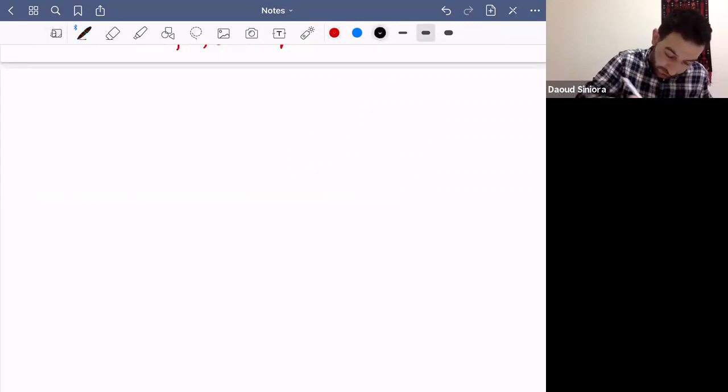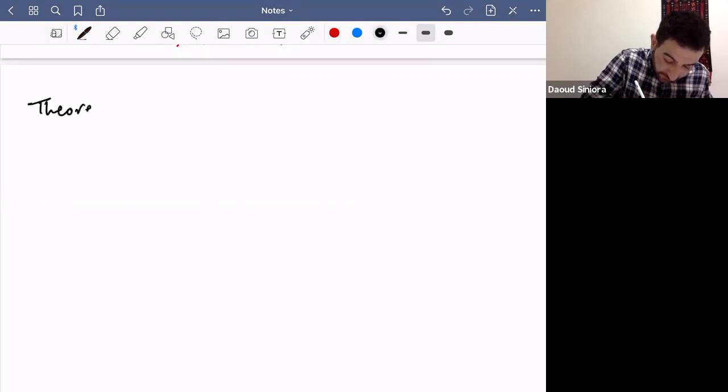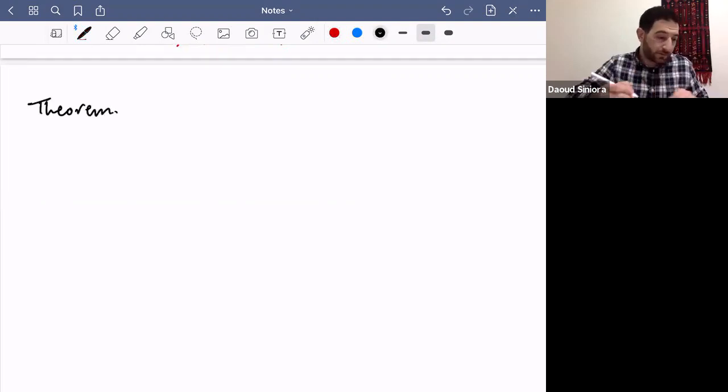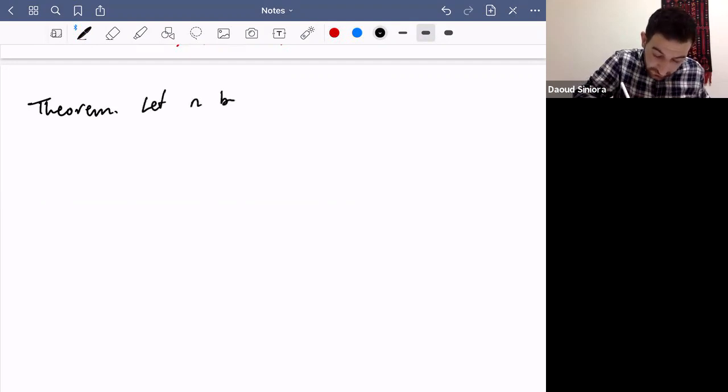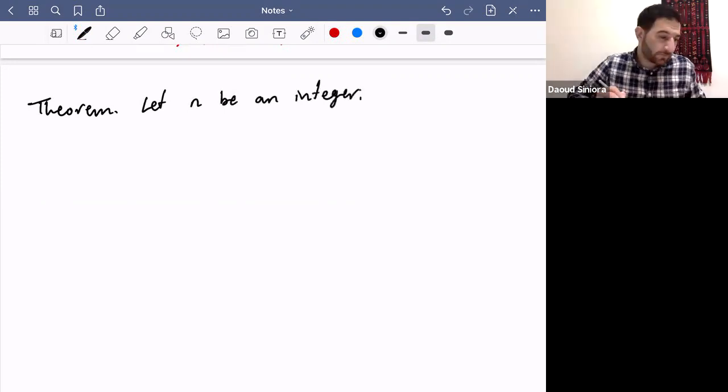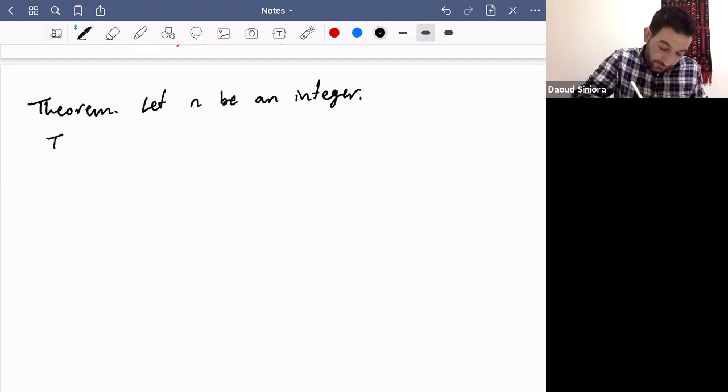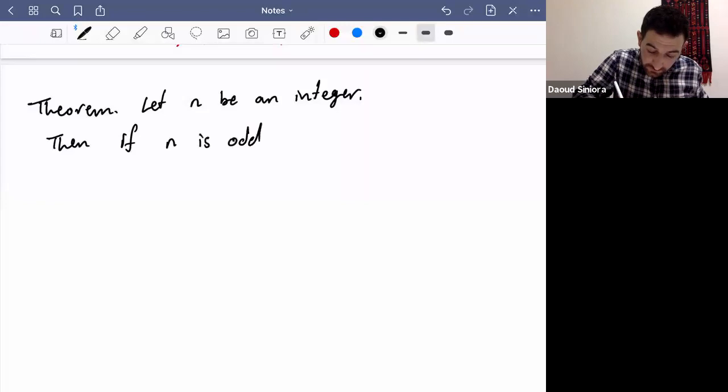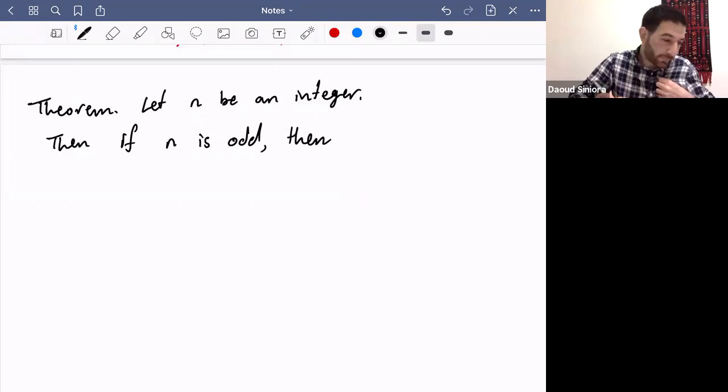So, theorem. Let n be an integer. Then if n is odd, then n squared is odd.